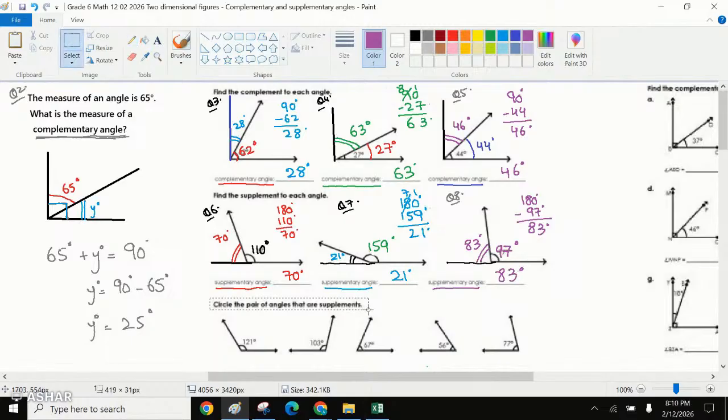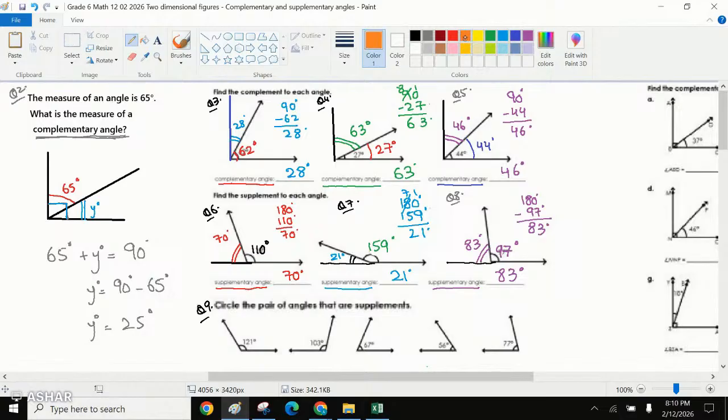For the next question, question number 9, it says circle the pair of angles that are supplementary. We are doing supplementary and complementary angles, right? In case of supplementary, the sum is 180. In case of complementary, the sum is 90.